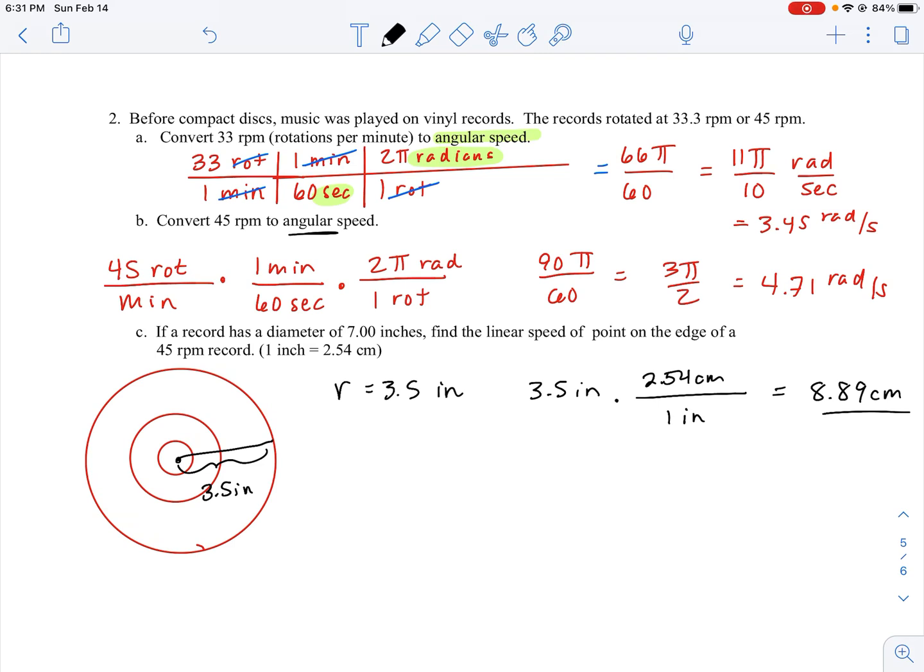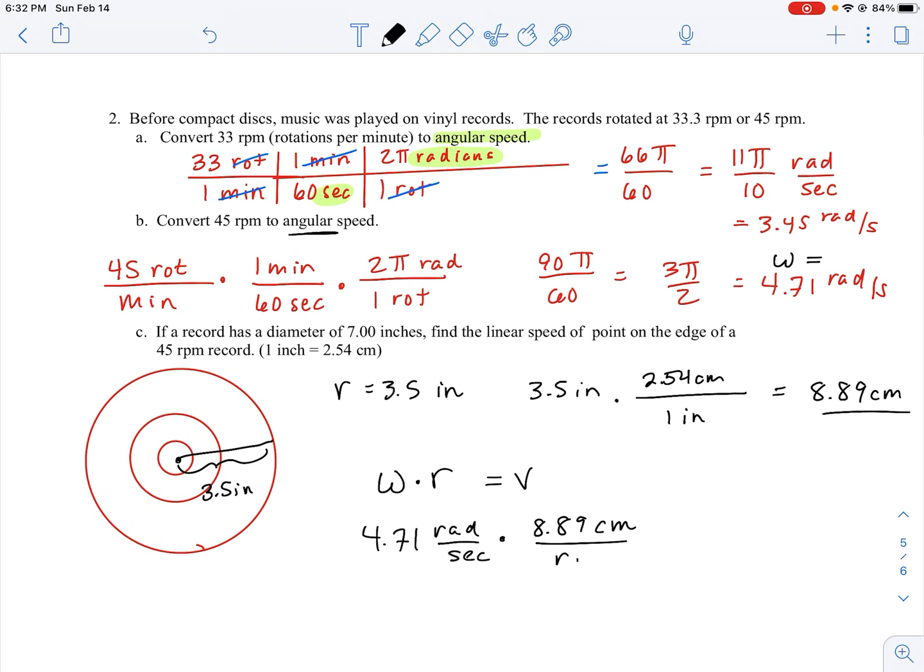So I have the angular speed, omega, up here, 4.71 radians per second. So the beautiful thing is that angular speed times the radius is the linear speed. So 4.71 radians per second times 8.89 centimeters per, here's the cool part, a radius is a distance per radian.